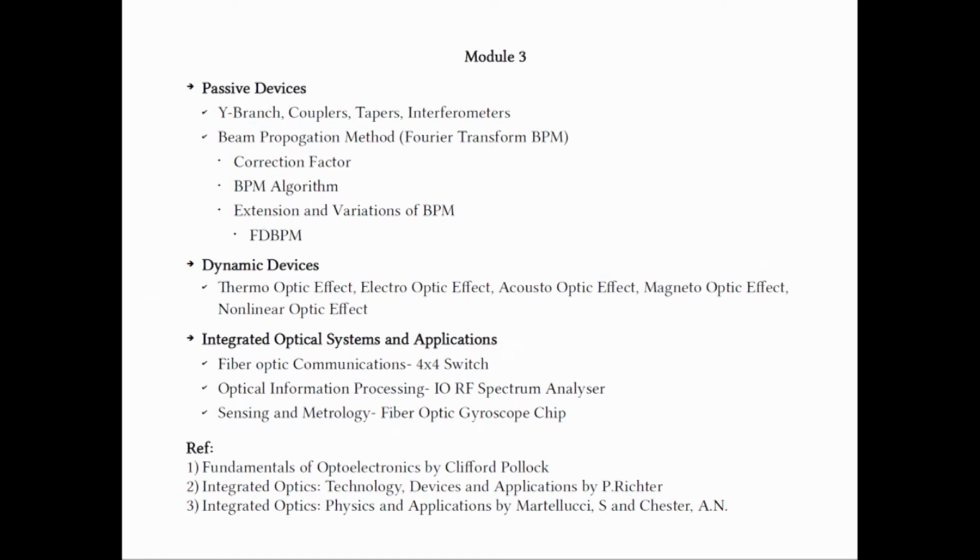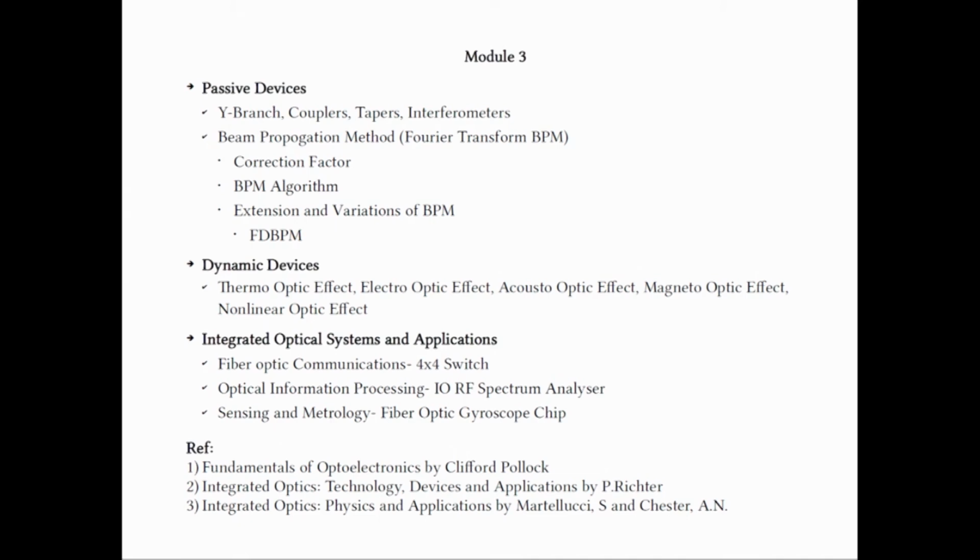The other important form, the most popularly used, is called the finite difference BPM, where each of these derivatives is replaced with its difference formula. So, it is found that numerical or semi numerical methods are very effective to solve such devices.